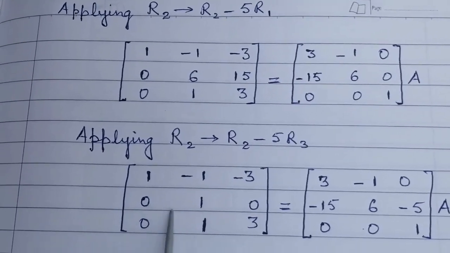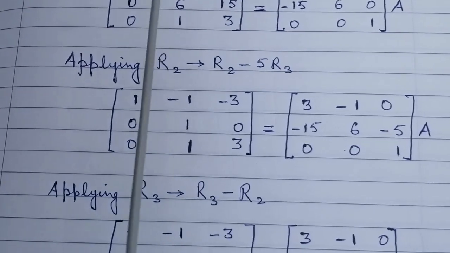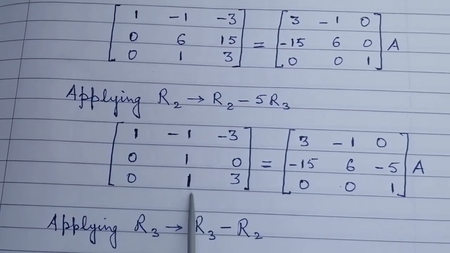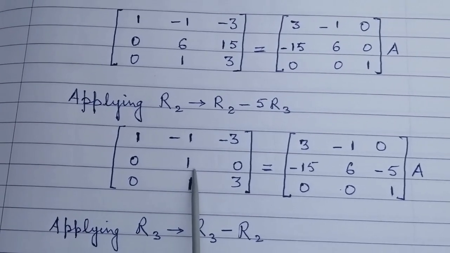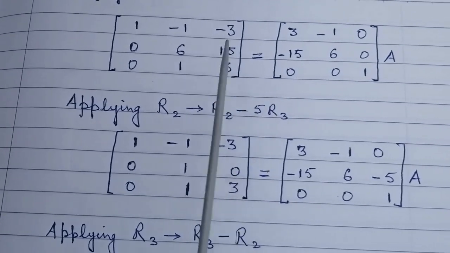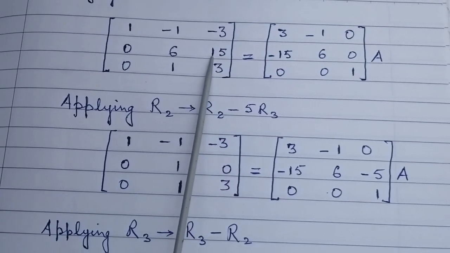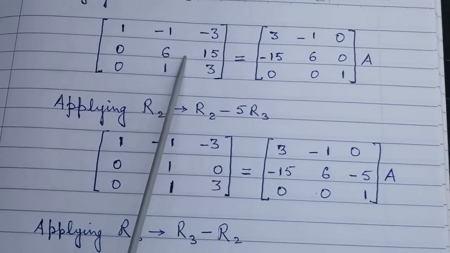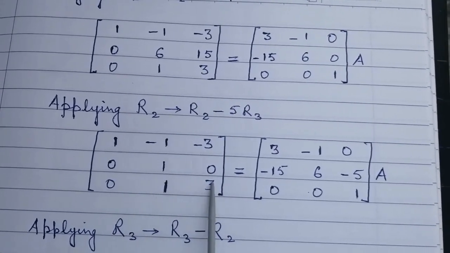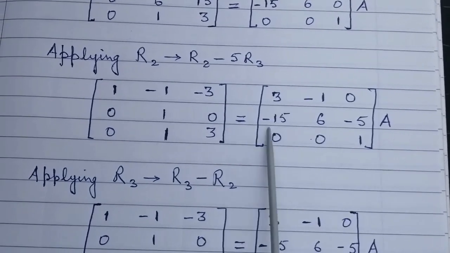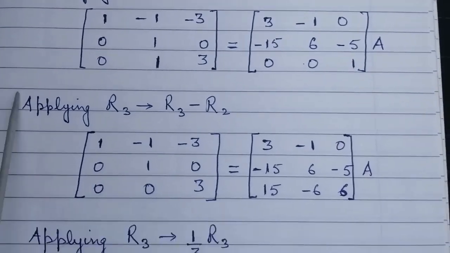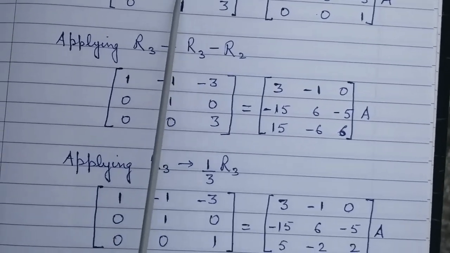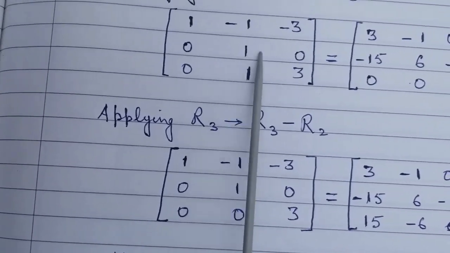So we get 0, 6 minus 5 will be 1 only, right? And here, R2 minus this, 15 minus this 15 will be 0, and on this side we have applied the same operation.